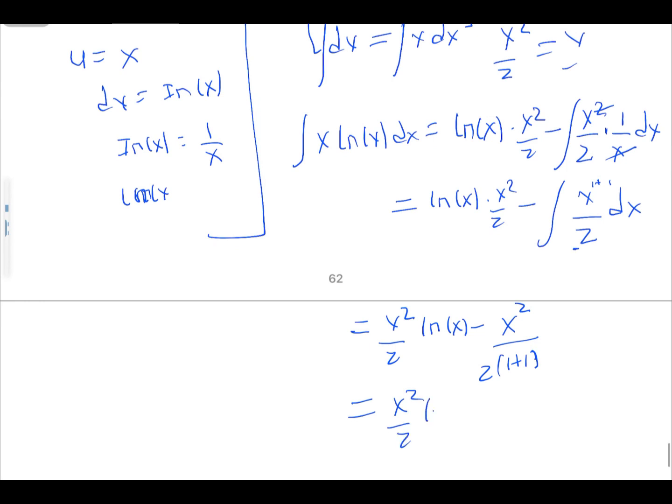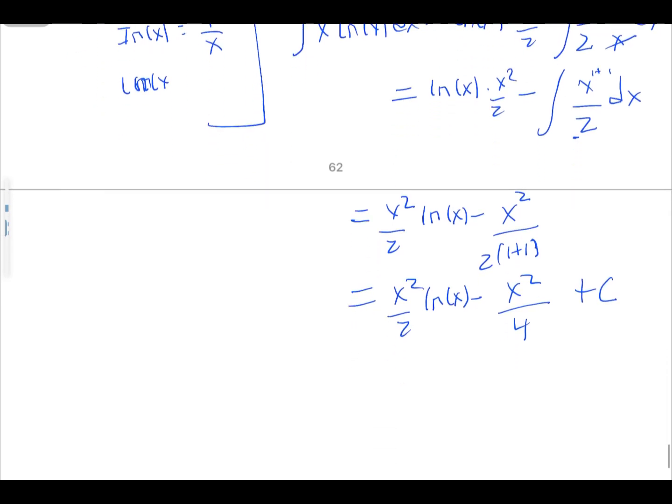So at the end of the day, you are going to get x squared over 2 ln x minus x squared over 4, because 1 plus 1 is 2 times 2 is 4. Don't forget it's an indefinite integral, therefore plus your c. You can check this by differentiating to see whether you are going to get your x ln x. So I'll leave that one to you to confirm your answer.